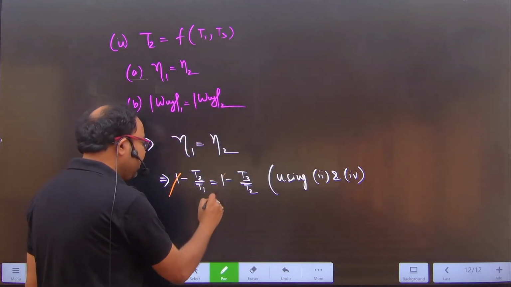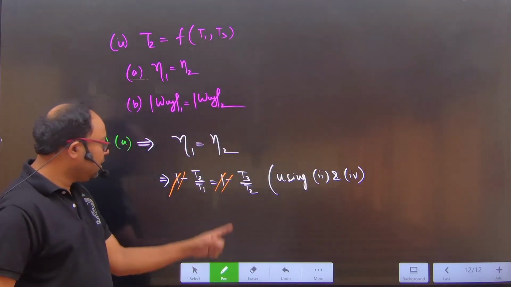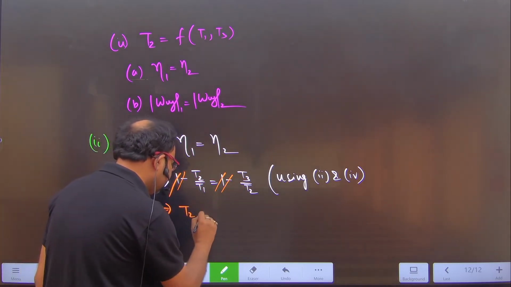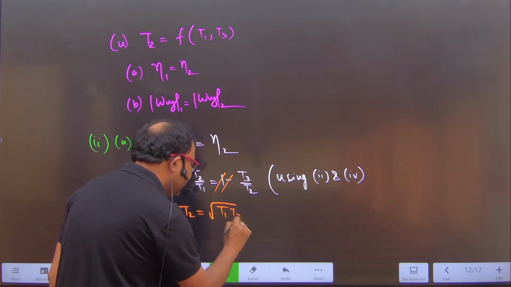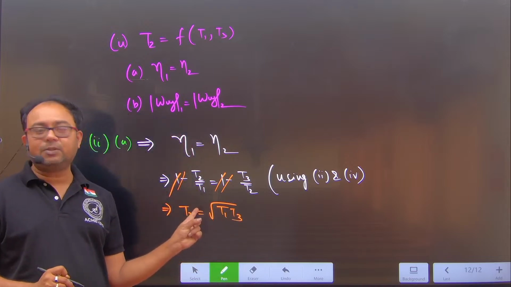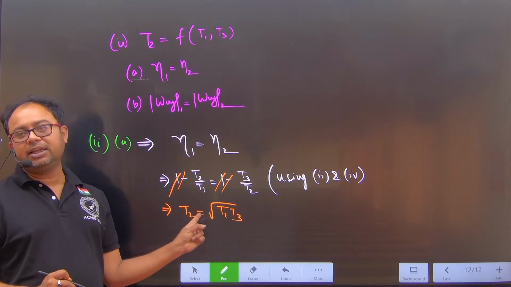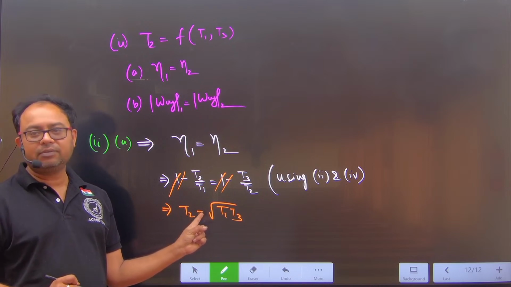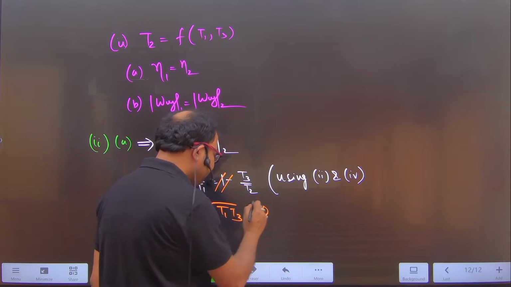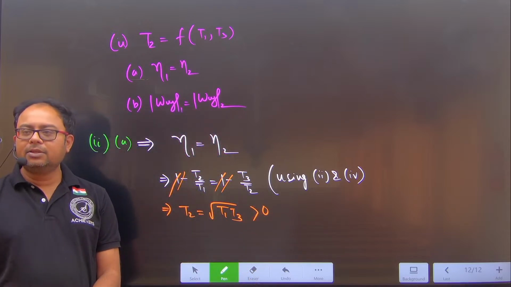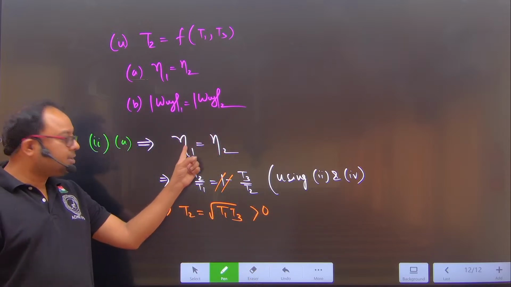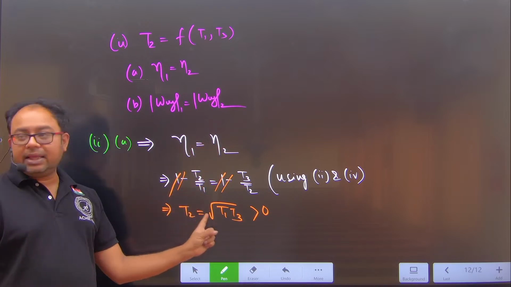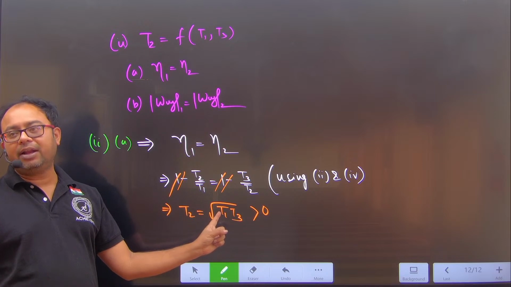This 1 is going to get cancelled out, this minus will get cancelled out. So T2 square is T1 T3. So T2 is root over of T1 T3. It will not take plus minus because T2 is always positive. It's a Kelvin temperature, so it's never negative. So under this constraint, eta 1 equal to eta 2, T2 is the geometric mean of T1 and T3.